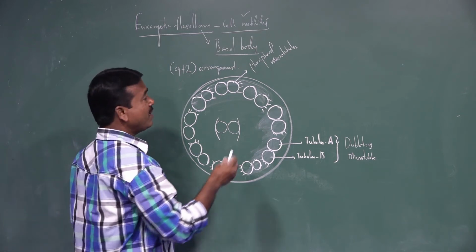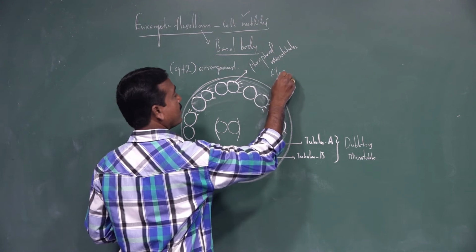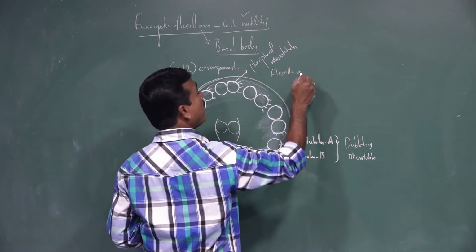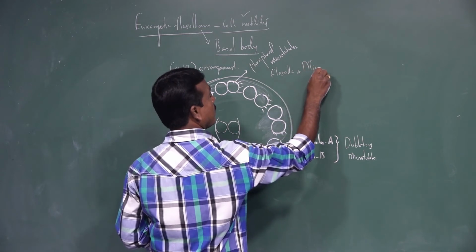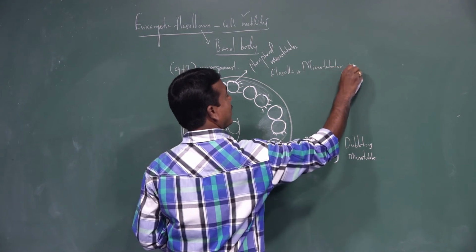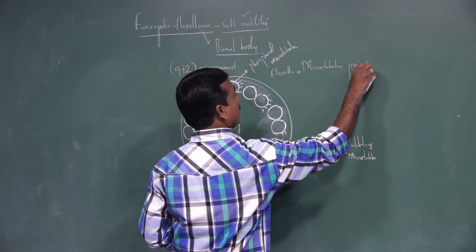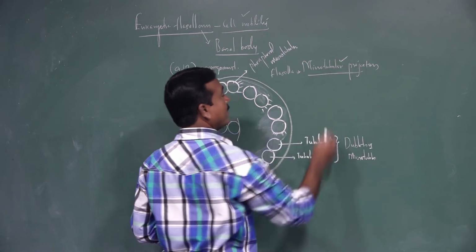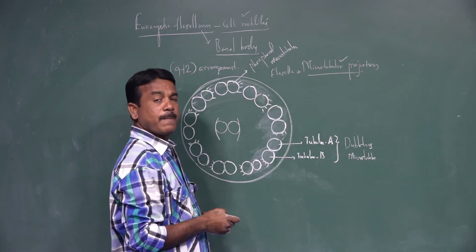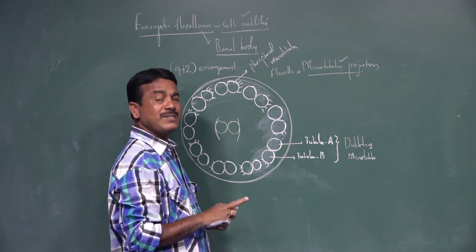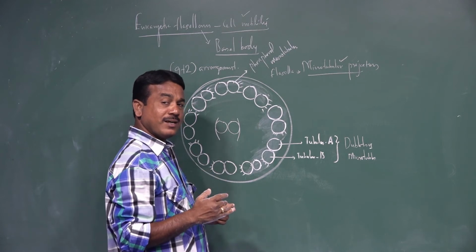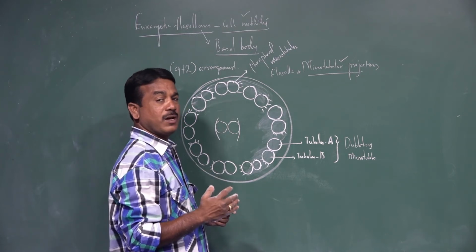Commonly, flagella is nothing but a microtubular projection. In addition, flagella are much longer than cilia. Comparing with cilia, the structure of flagella is much longer.